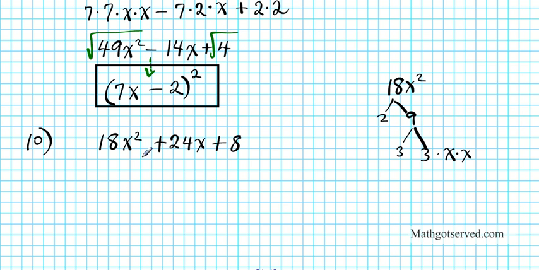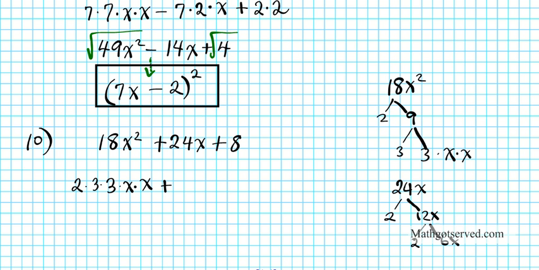So for 18x squared, it's going to be 2 times 3 times 3 times x plus. Alright, let's break down 24x. To break down 24x, we can take out a 2. 2 goes into 24 how many times? 12x. Take out another 2, and then we have 6x.